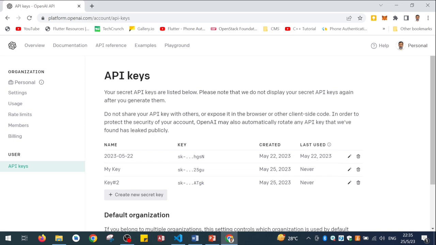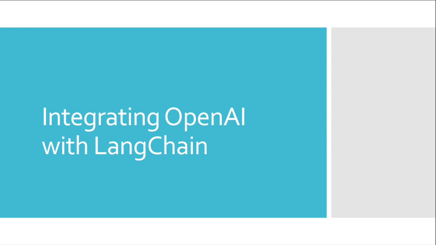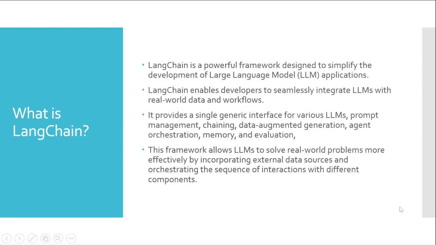Thank you very much. Now we come to the fun part of our app, and that is integrating OpenAI with LangChain. As we discussed, LangChain is a powerful framework designed to simplify the development of large language model applications, and it enables developers to seamlessly integrate LLMs with real-world data and workflows.